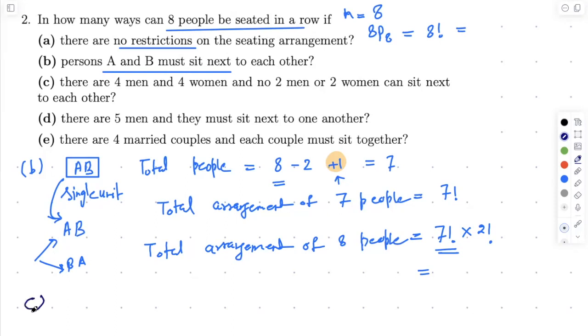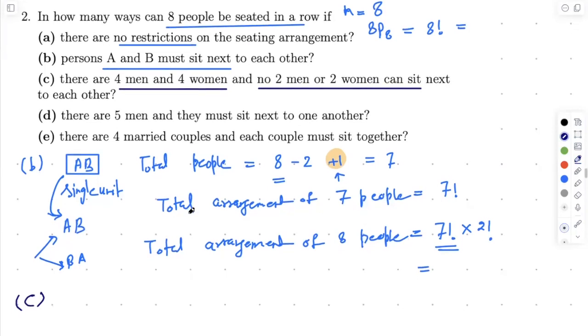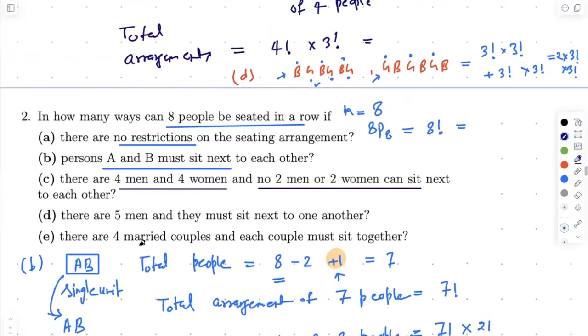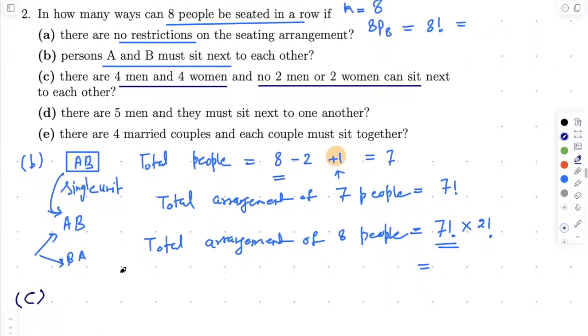Now consider the C part there. There are four men and four women, and no two women can sit next to each other. This is a similar type of question to the last D part we have seen in the previous question. So if this is the case, four women, four men are there. So how can we seat them? The answer is, if you start with the men, then woman, man, woman, man, woman, man, woman.